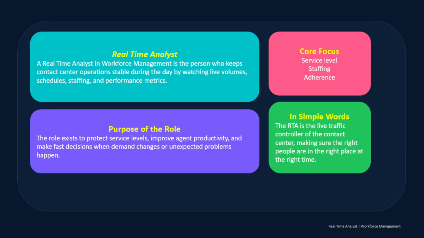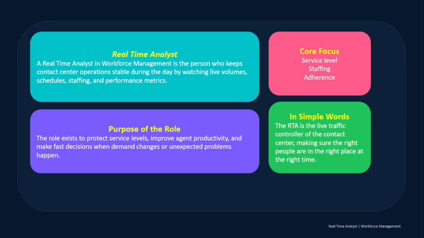The RTA also sees whether our SLA is being met or not. If the SLA target is 90%, where are we standing right now, 80%, 90%, 92%? If SLA is less than the target, he will see why, check the RCA, and try to improve the SLA.